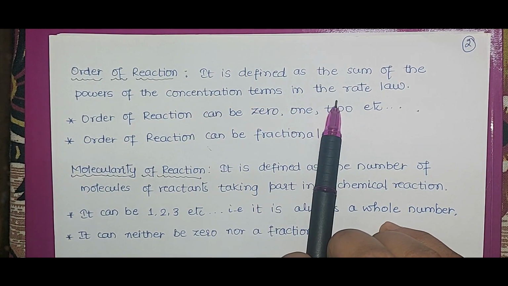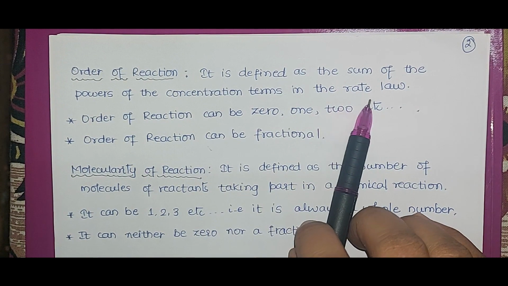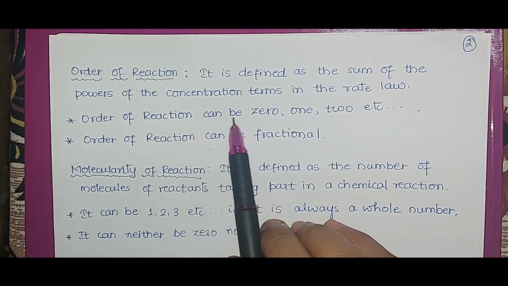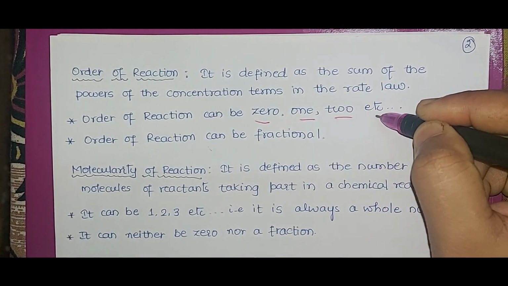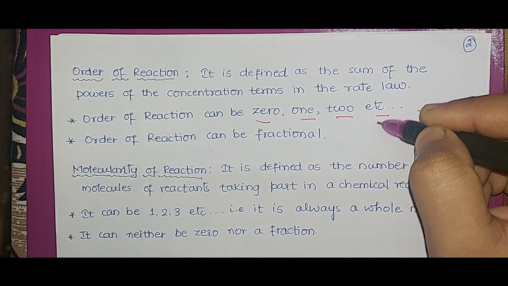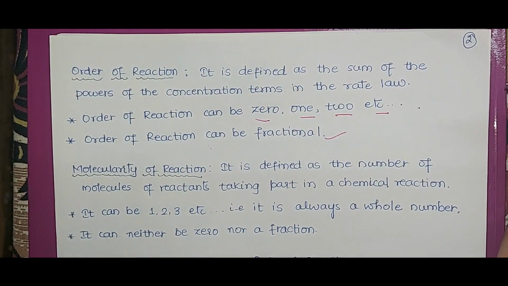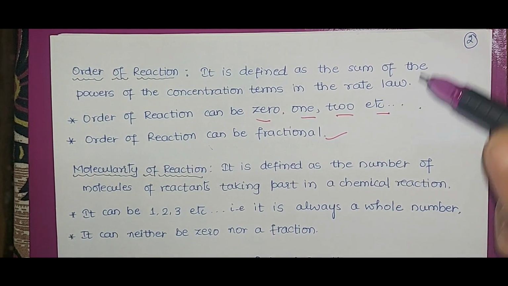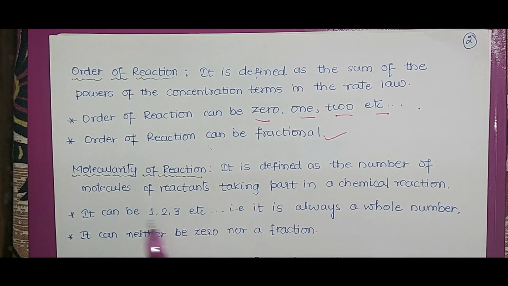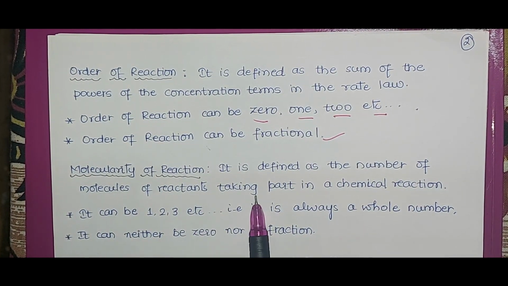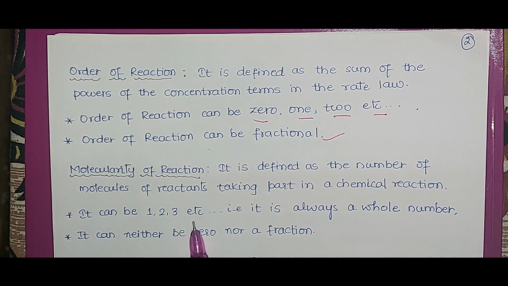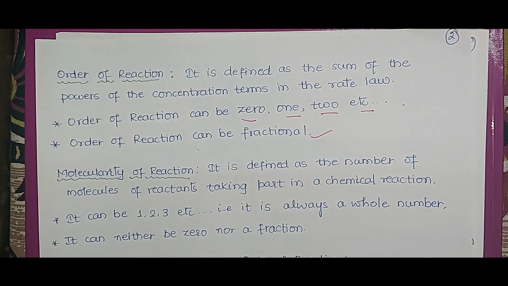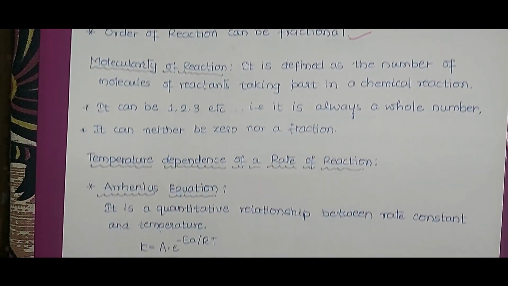So order of a reaction can be 0, 1, 2, etc. That is, it can be a whole number, or it can also be a fraction. Next, molecularity is defined as the number of molecules of reactants taking part in a chemical reaction. And remember, it is always a whole number, 1, 2, 3. It can neither be 0 nor a fraction.